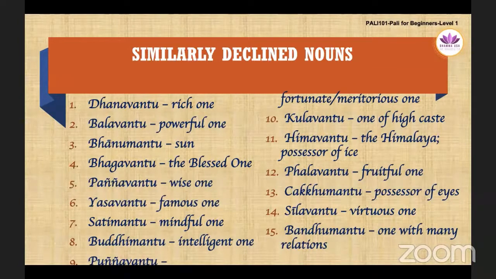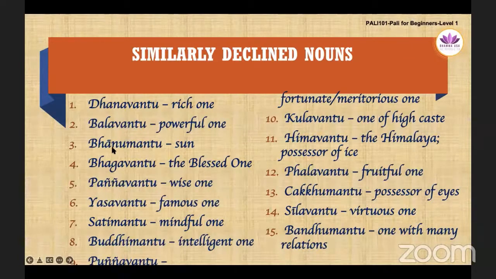Again, I want to bring to your attention here Akaranta. When we have Dhana, Bala, Bhaga, Panya, Yasa, Kula, Punya, Hima, Phala and Sila, these are all A anta, where we have Vantu.